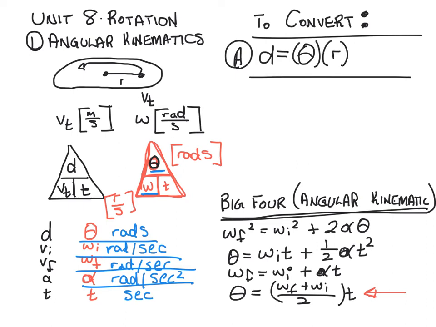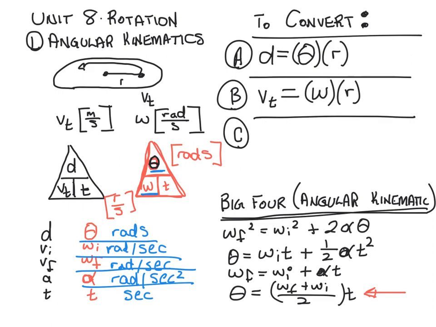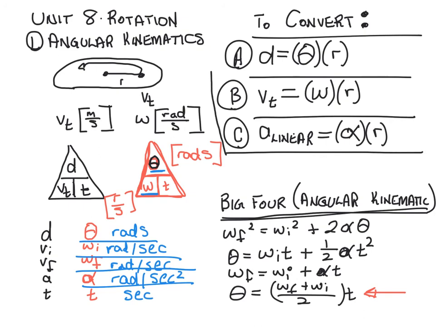The second one, the tangential velocity experienced by an object is equal to that object's angular velocity times radius, r. And the third one, tangential acceleration, or linear acceleration is another way of putting it, is equal to the angular acceleration of an object times, you guessed it, r. So this is how we convert between angular and linear values.